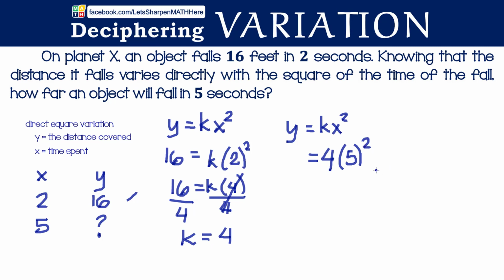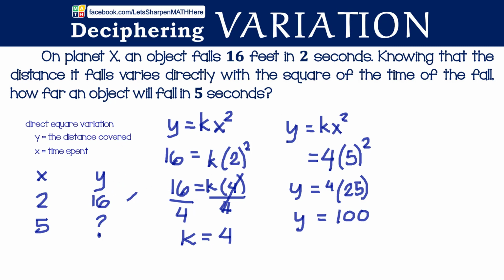Using the proper process of MDAS or PEMDAS, if you would like to, the value of y is computed as 4 times 5 squared, which is 25, which will give us a result of 100. And this is y, the distance covered by an object on the same planet X after 5 seconds.